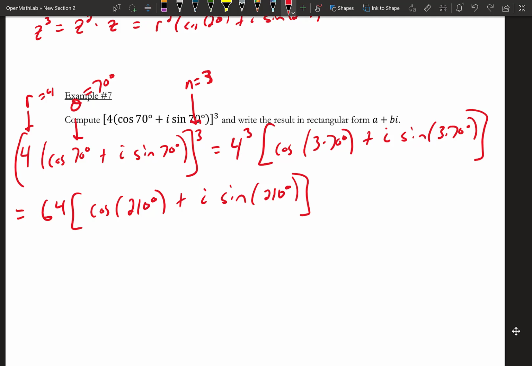To put this into rectangular form, we evaluate cosine of 210 degrees and sine of 210 degrees, plug those values in, and simplify as much as possible.